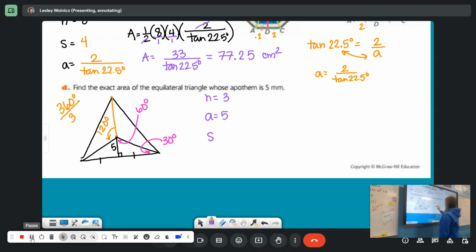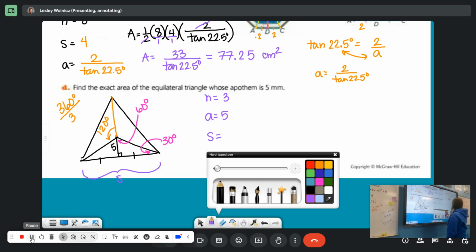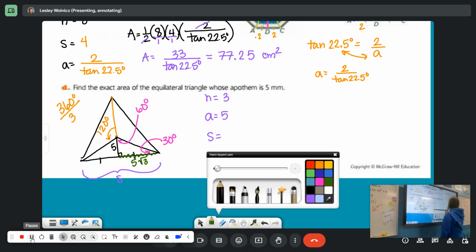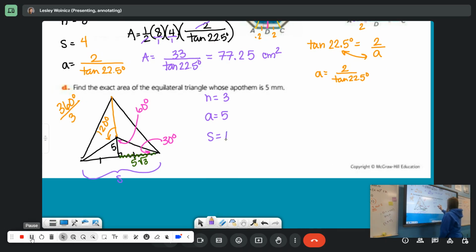I just need my side length. So I need this S. I can find part of it using my special right triangles. So I can find my long leg by doing 5√3. Okay, now if I have 2 of those, my side is 10√3.